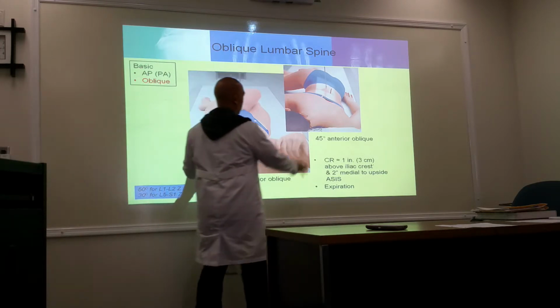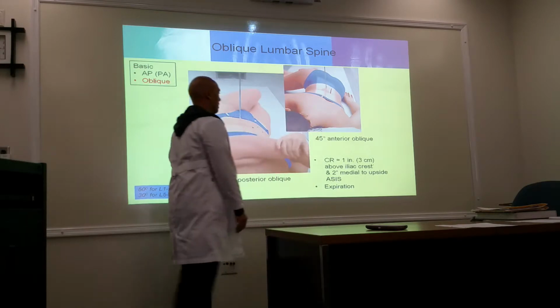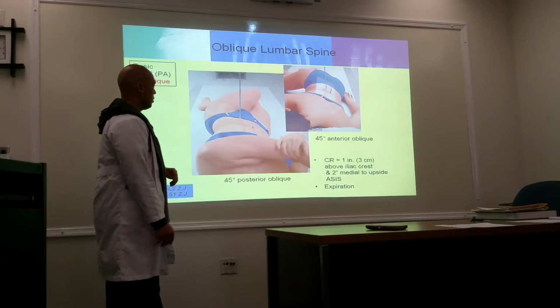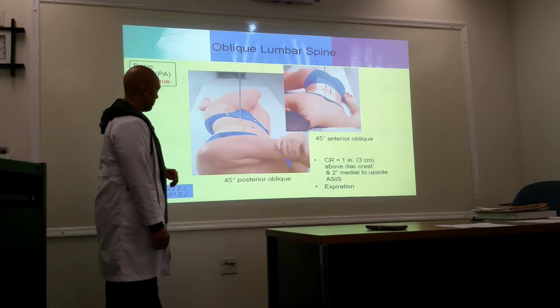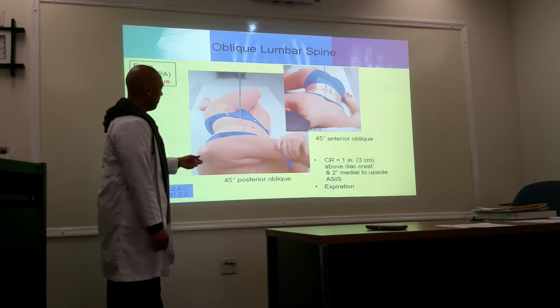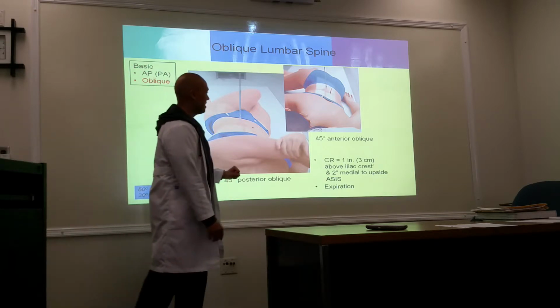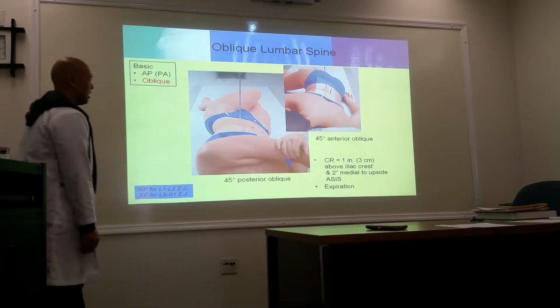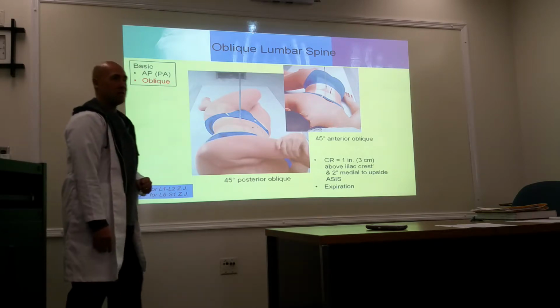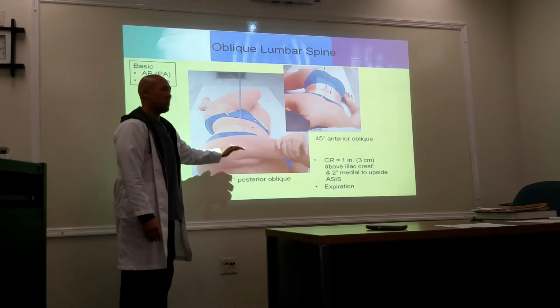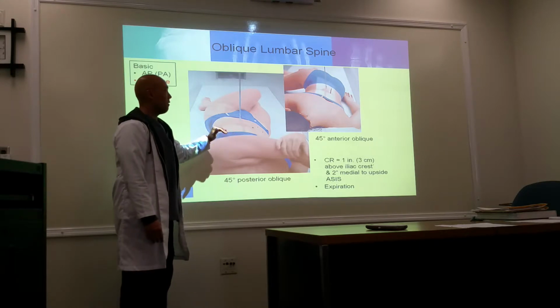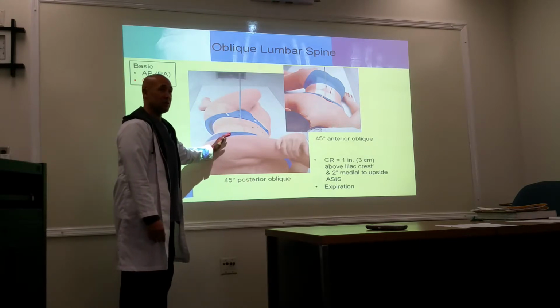When doing an anterior oblique, you minimize the exposure to the ovarian area. For a 45-degree posterior oblique, you center 1 inch above the iliac crest, because for obliques they're generally using a small image receptor, not a large one.